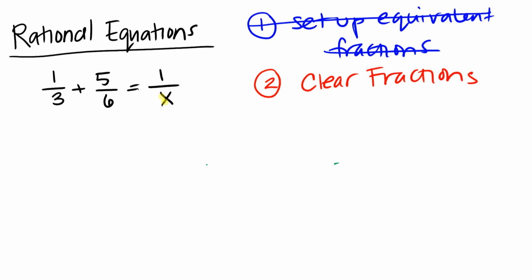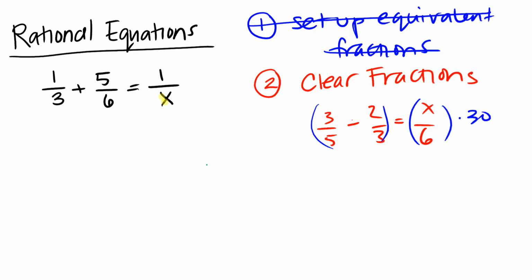So remember, if we had something that looked like 3 over 5 minus 2 over 3 is equal to x over 6, and we multiplied both sides by our least common denominator for all of our terms, so maybe by 30, then as we multiply 30 to every term, 30 divides by 5, so we get 6 times 3. 30 divides by 3, so we get 20, and then 5x.